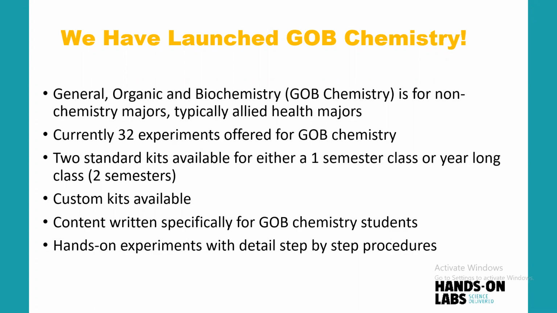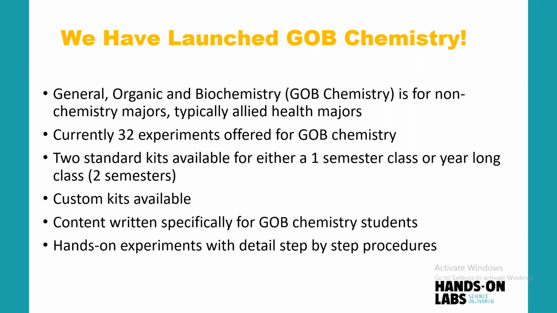What we developed, as I said, was a 32-experiment library to match what's currently being taught in both the online and in-class GOB chemistry environments. We've made these so there can be customizable kits for these students. Additionally, the content has been written specifically for students taking this class.